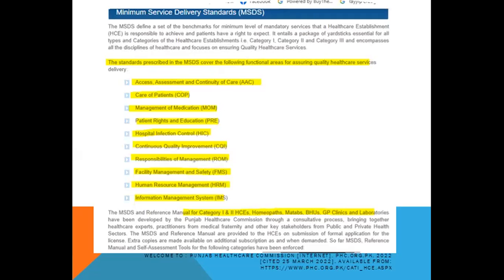MSDS in Punjab actually follows various functional areas. It includes assessment and continuity of care, care of patient, management of medication, patient rights and education, hospital infection control, continuous quality improvement, responsibility of management, facility management, human resource management, and information management system. There is also a category of healthcare establishment: 1, 2, 3.